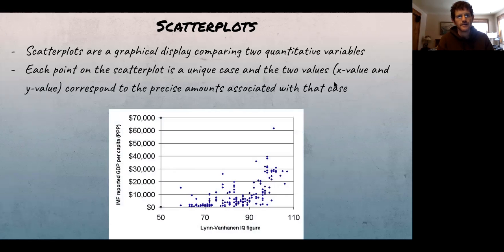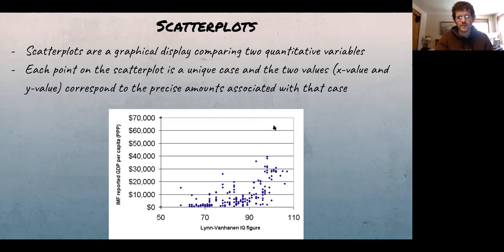And each scatter plot point represents a unique case and the two values that are associated with it. So for this point right here, the x component of it and the y component represent those two variable values. So in this particular case, we've got somewhere around a 100 for the IQ and somewhere just above 60,000 for the per capita income.